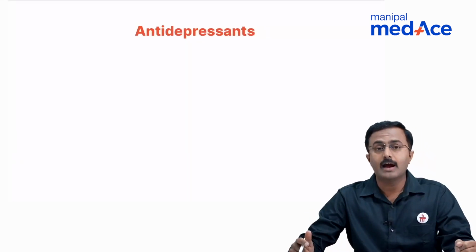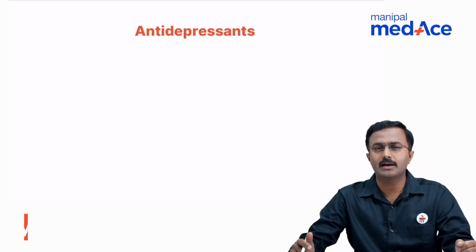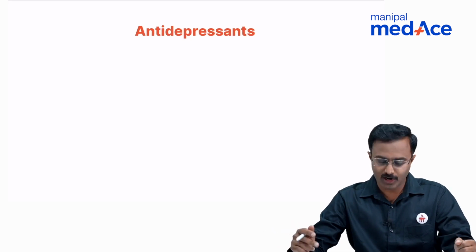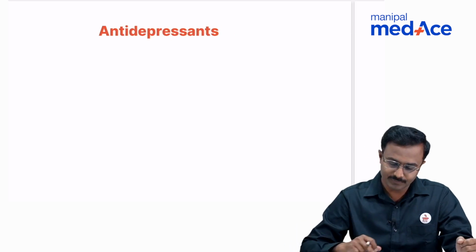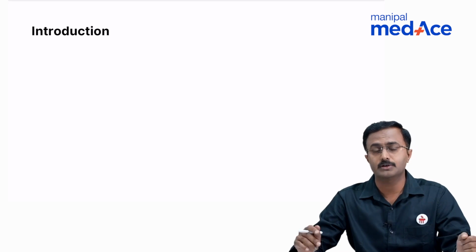Focusing on antidepressants. So you might wonder, just like antibiotics which are used in infections, antidepressants might be only used in depression. But remember, antidepressants currently have many indications apart from depressive disorders.